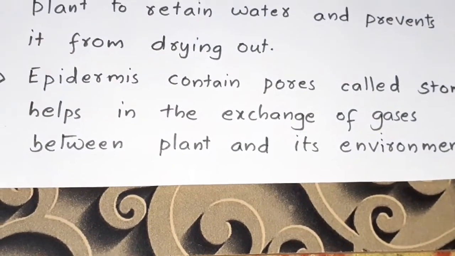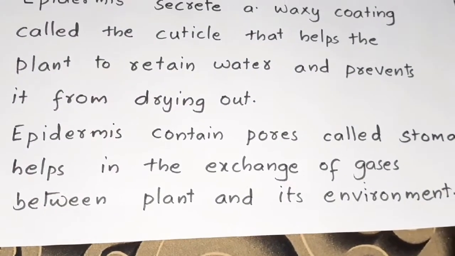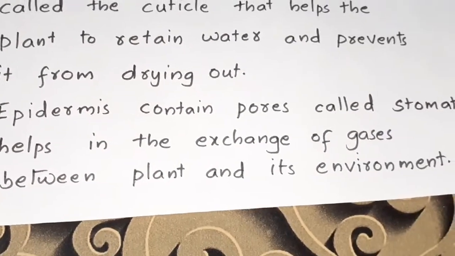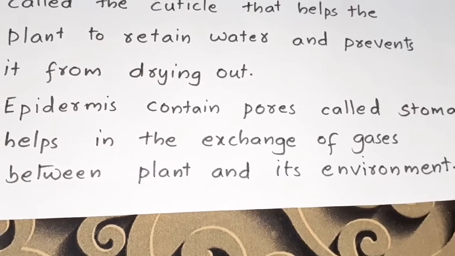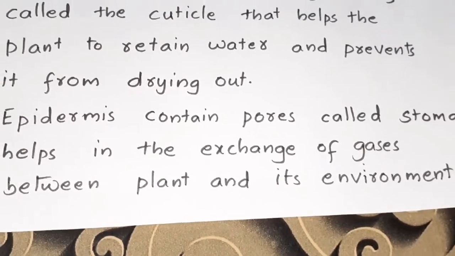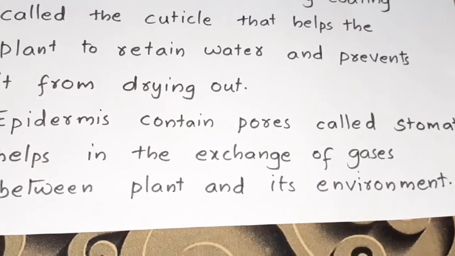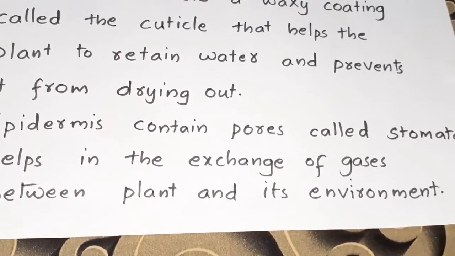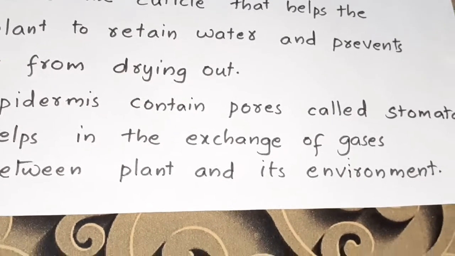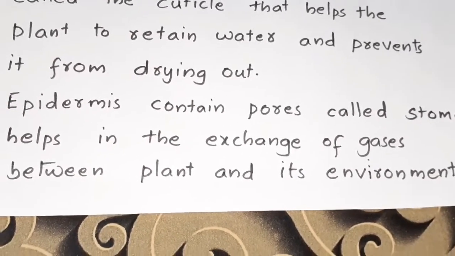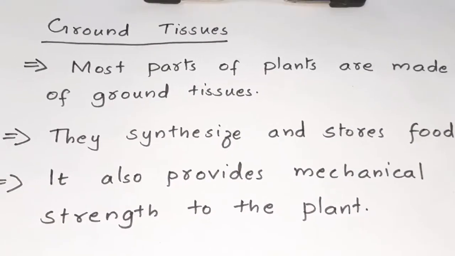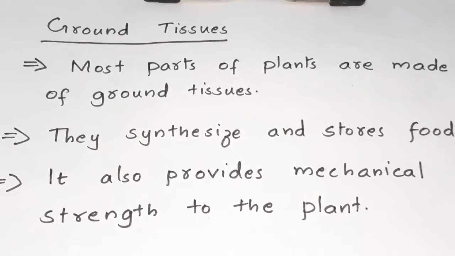What gases are the plants exchanging with the environment? They are absorbing carbon dioxide and releasing oxygen. So the exchange of gases is happening through this hole. Which hole? It's called stomata. Clear?